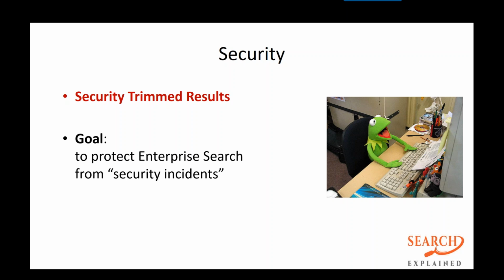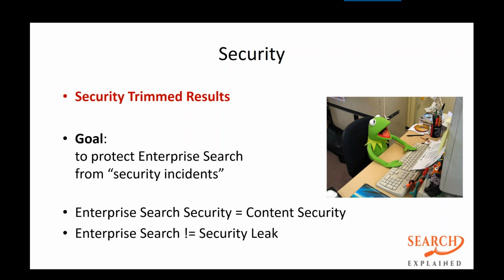So technically speaking, first clean up the permission settings, and it is really important in enterprise search. Once again, enterprise search security is content security, and search itself is not a security leak. It just surfaces the security and permission issues in your organization, if you have any. And do test before you open up search for everyone.